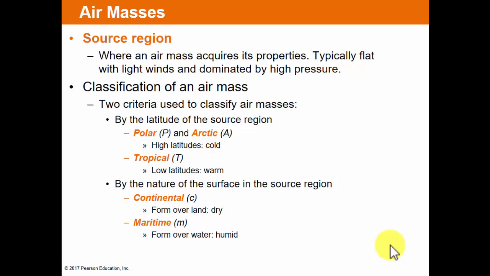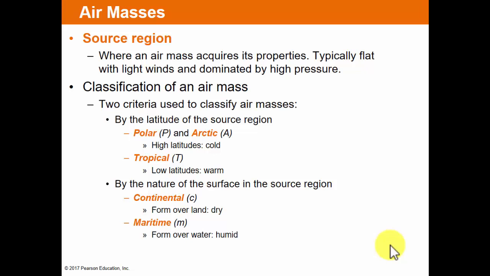If it's from Antarctica or the Arctic Circle, you're going to get an Arctic, very cold, dry air mass. If it's air that's been sitting over the Gulf of Mexico, the Caribbean, Florida, and the Western Atlantic, that air mass is going to end up being a warm and moist air mass.